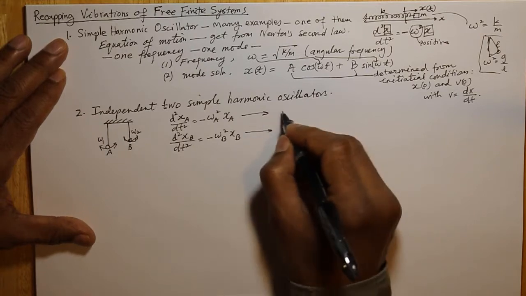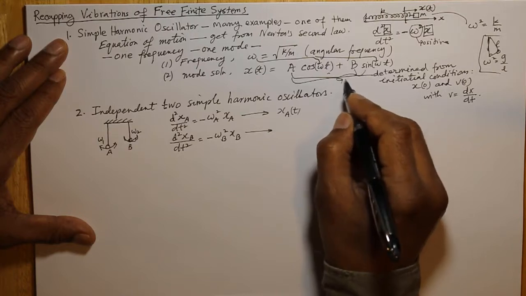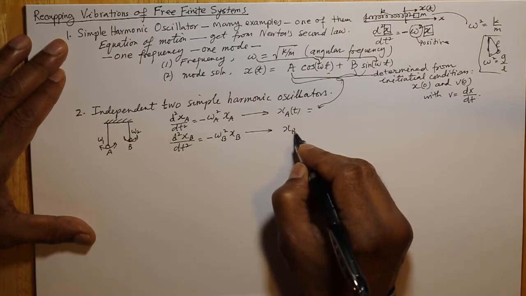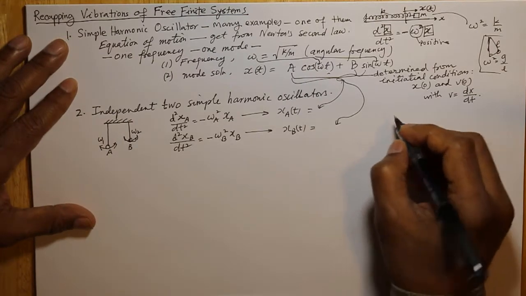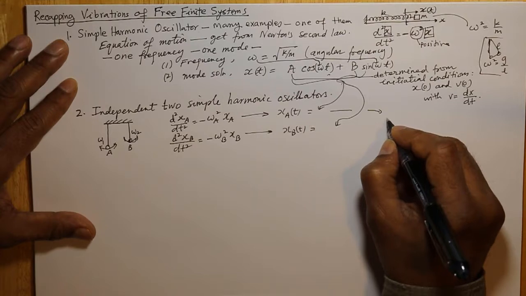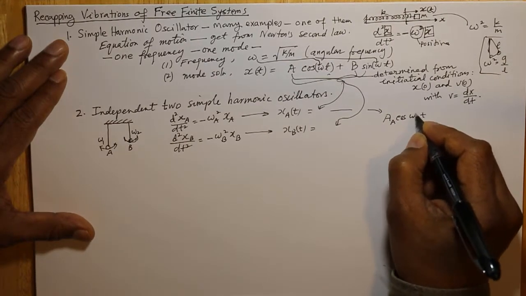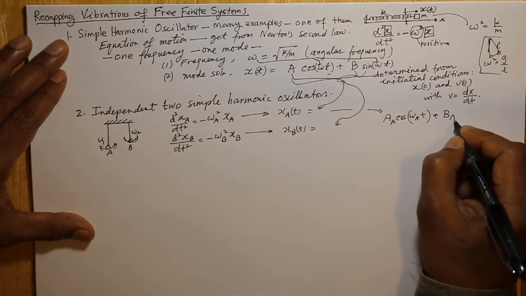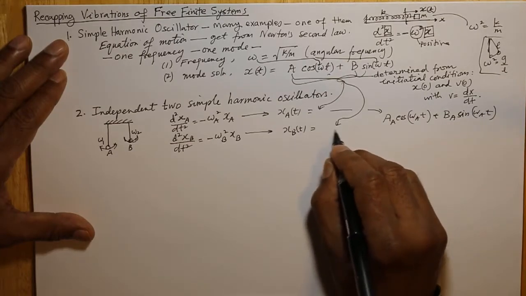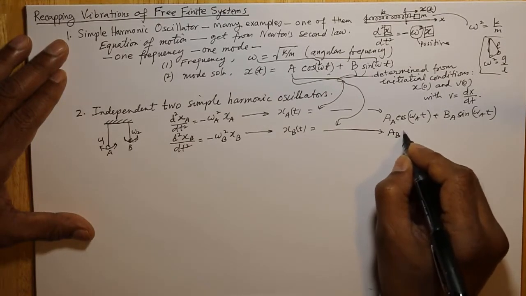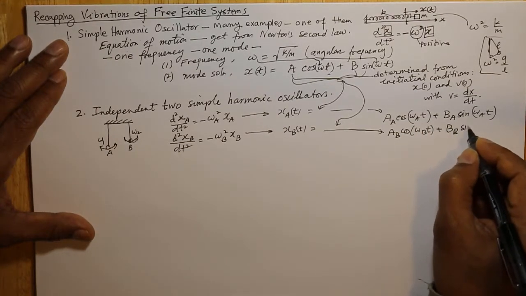So xa will be some constant a cosine omega a t plus ba sine omega a t, and xb will be some constant cosine omega b t plus bb sine omega b t.